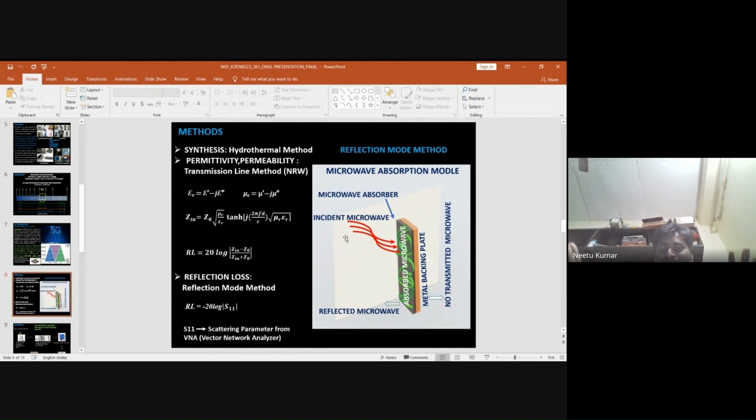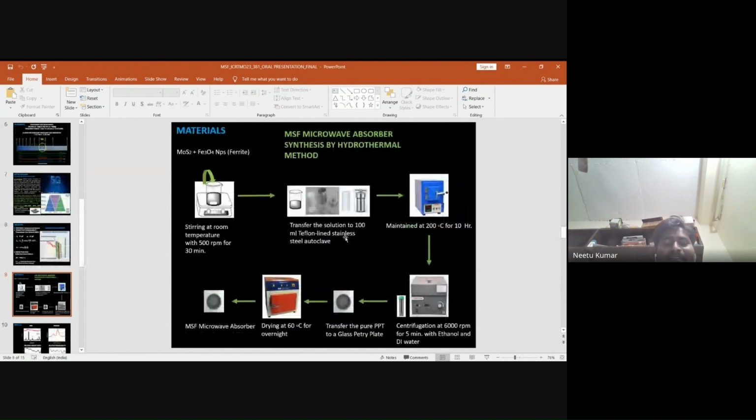This phenomenon is called microwave absorption. And next, this is my synthesis route. First of all, stirring MoS2 plus Fe3O4 nanoparticles. This is a ferrite nanoparticle. After that, it goes into a 100 ml Teflon-lined stainless steel autoclave and is maintained at 200 degrees centigrade for 10 hours.